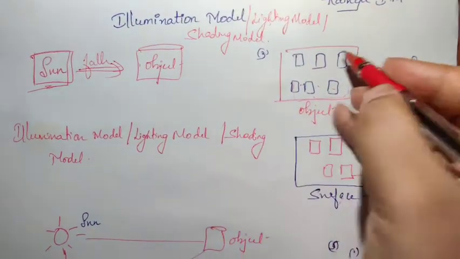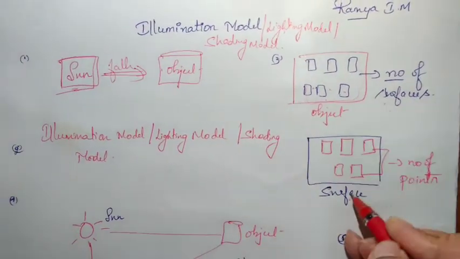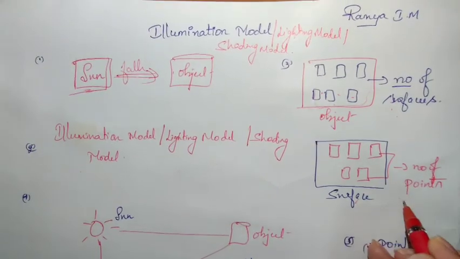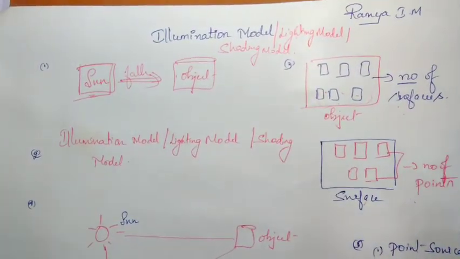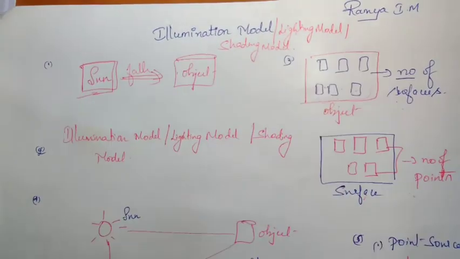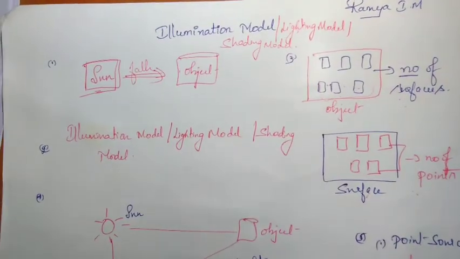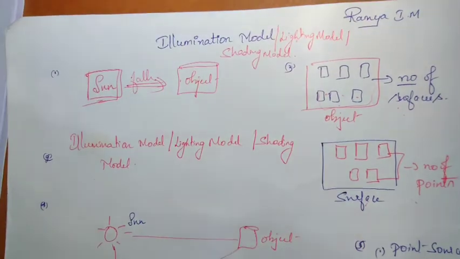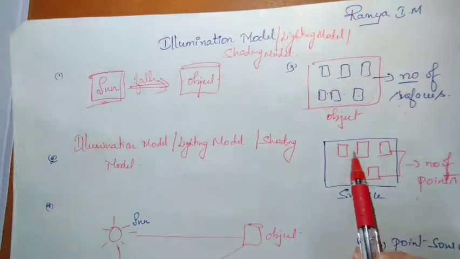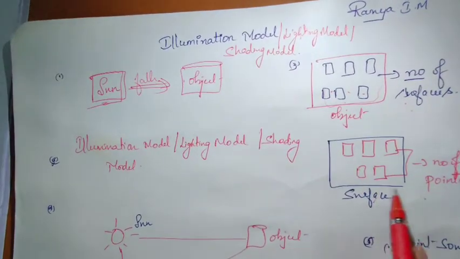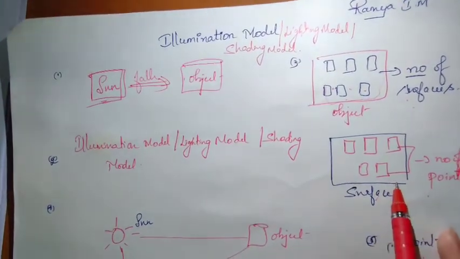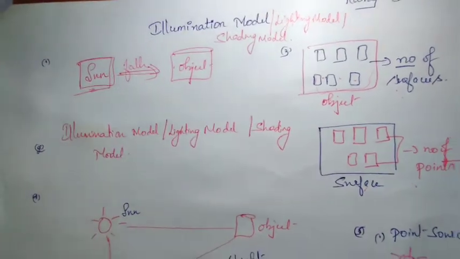Every object has a number of surfaces, and each surface has a number of points. In order to find a particular point's light intensity, we use this illumination model. It means we are going to find the light intensity at each and every point of this object.